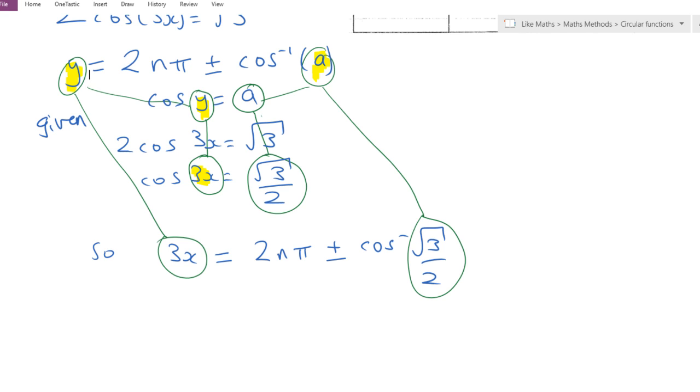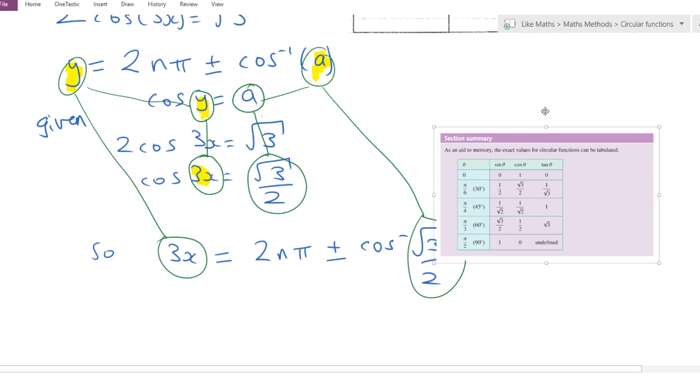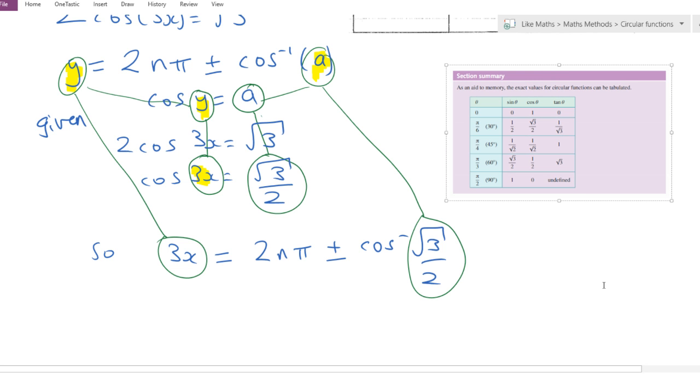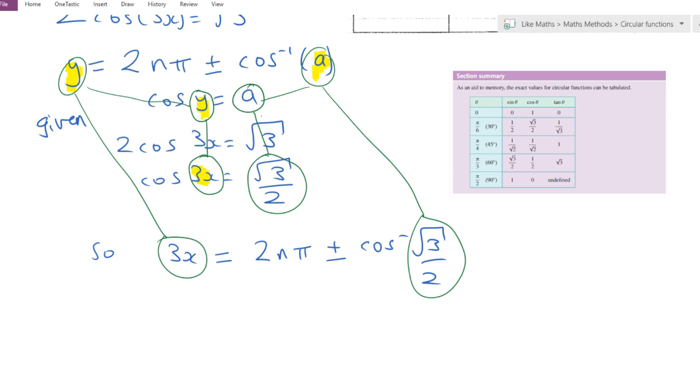Now what we can do is, with our exact values table, and just to remind you of that, looking for root 3 over 2 in this table, so it's in here, and we're dealing with cosine.